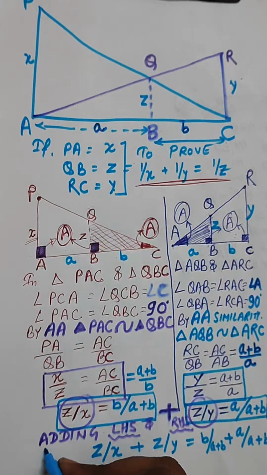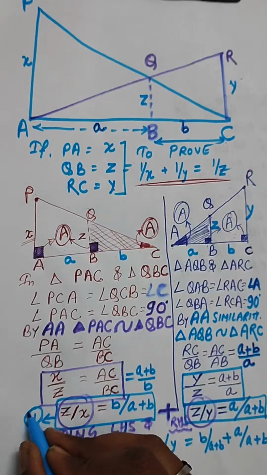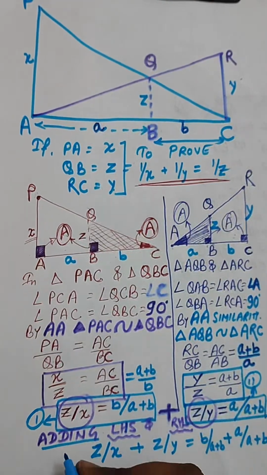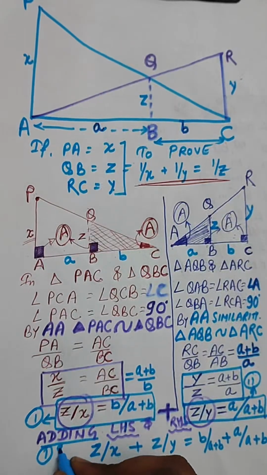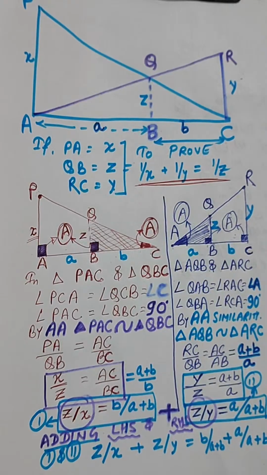So what we did, we just added this equation number 1 and this equation number 2. So let me write adding 1 and 2 to make it more clear, right?